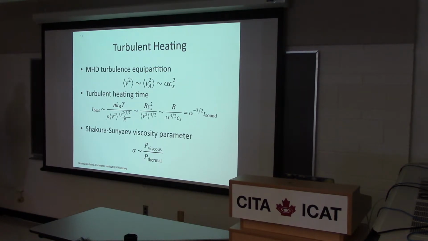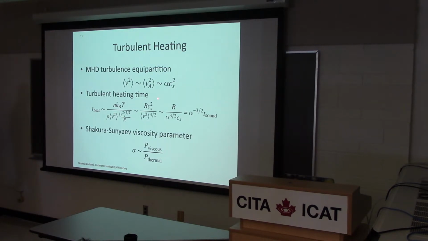If you have a turbulent or Kolmogorov cascade, then you dissipate energy. Your kinetic energy is rho V squared, and you dissipate it over a time of R over V. So rho V squared over R over V would be the rate of dissipating energy. And this is the total energy density that you have. So the heating time would be the energy density divided by the rate of dissipating energy in turbulence.